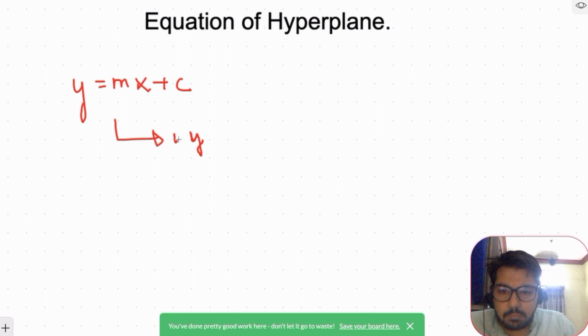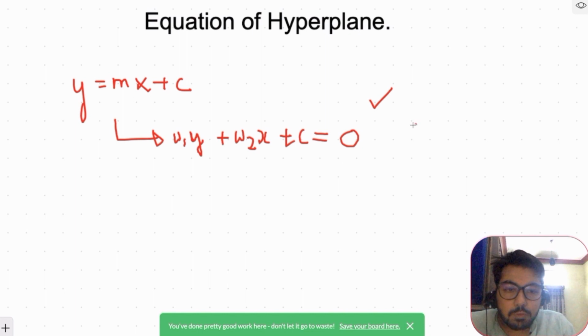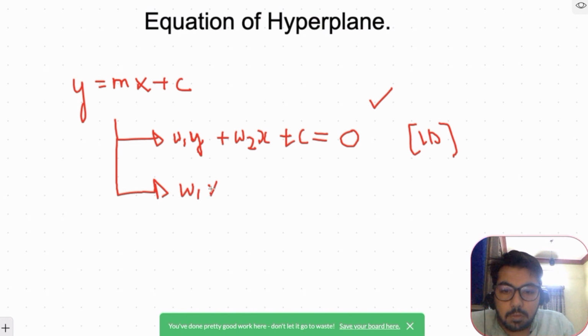Some weight for the y, plus some weight for the x, plus c equal to 0. This could be the equation of a line, which is also a 1D hyperplane. If I further change it to a feature format, then I could write it as w1 x1, where y is also one of the features we have used.